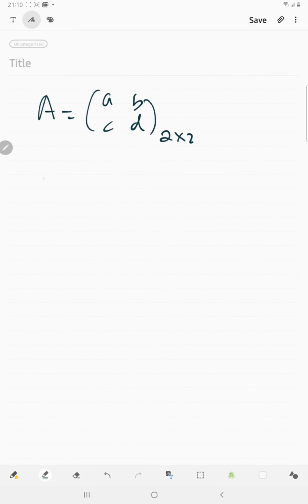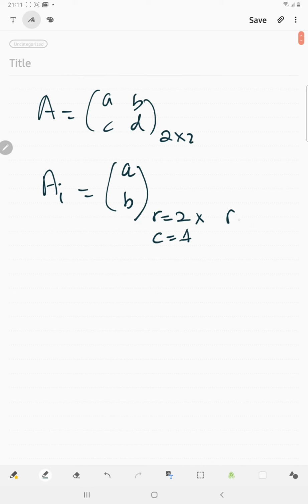I can have another one, A1, equal to maybe A, B. So this one is the column matrix. In this case, I've got 2 rows and 1 column. So this is called a 2 by 1 matrix, whereas this other one has row 2 and column 2, so it's called a 2 by 2 matrix.